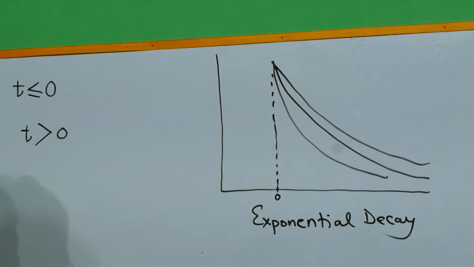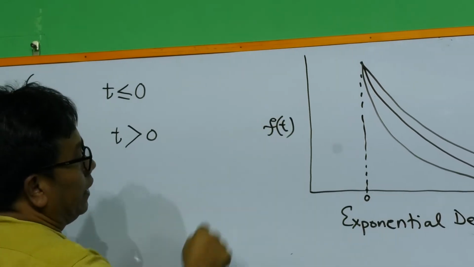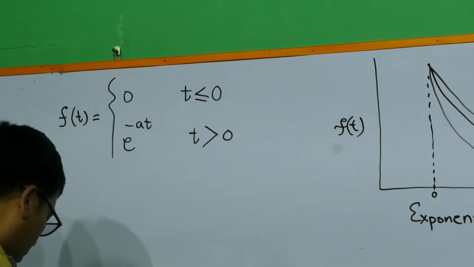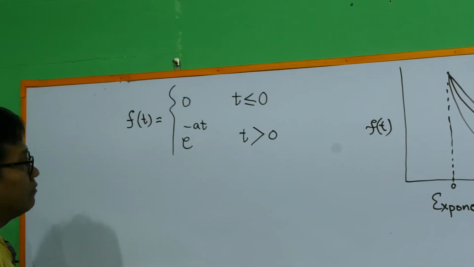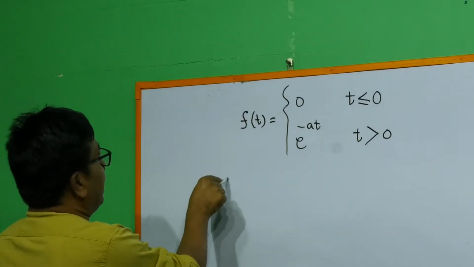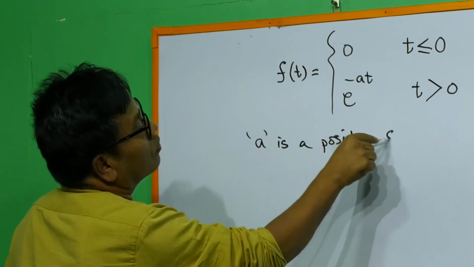And the function corresponding to this, f of t, will be known as the exponential decay function. And what happens if we take the Fourier transform of this exponential function, where a is a positive constant?